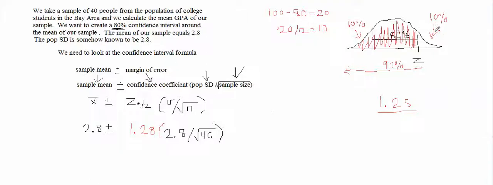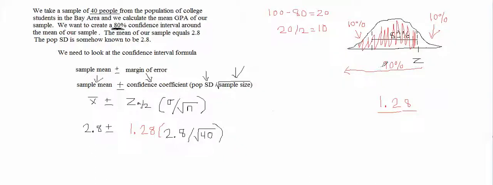You then take the center percentage, which is actually what I gave you, add it to the lower tail percentage, and in this case, 80 plus 10 came out to 90.